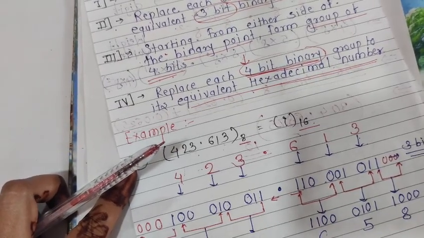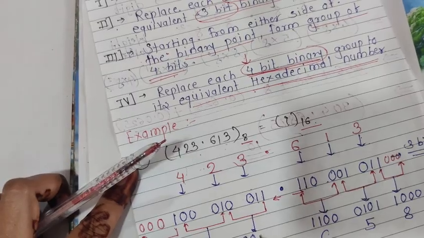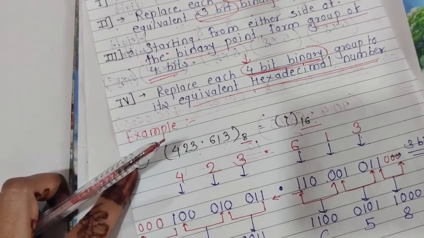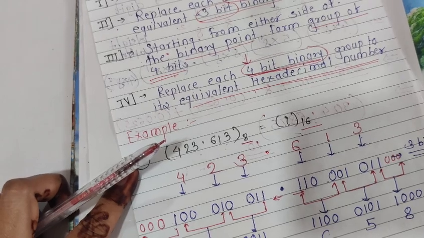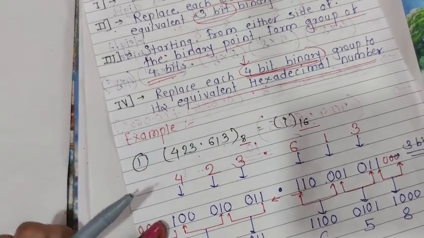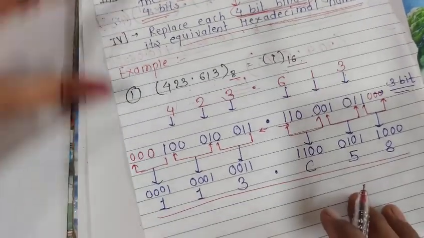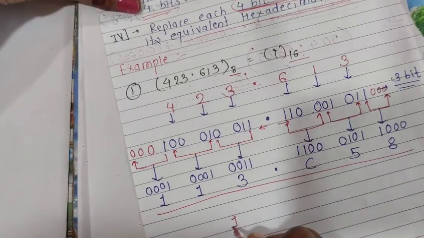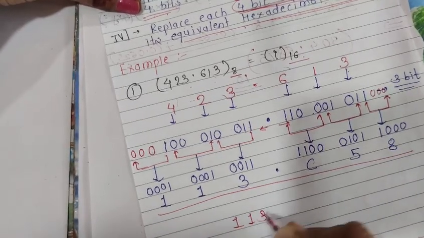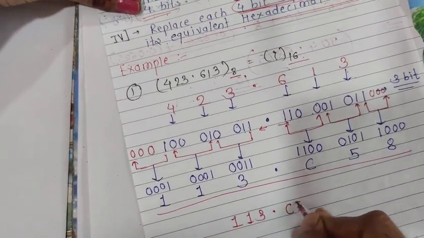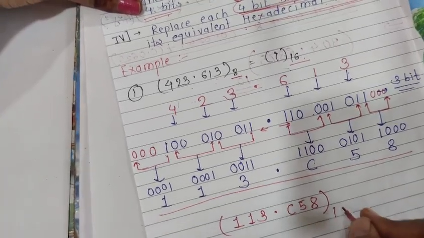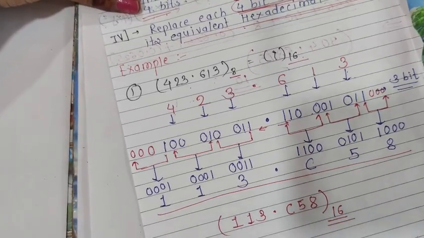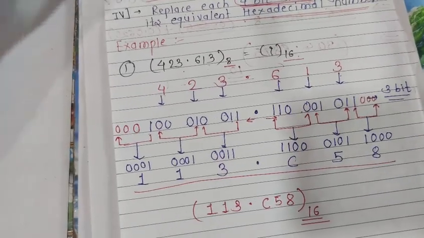So the hexadecimal number is 113.C58. This is the conversion of octal into hexadecimal, so the base is 16.